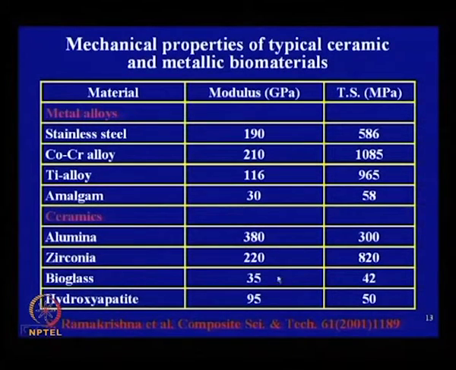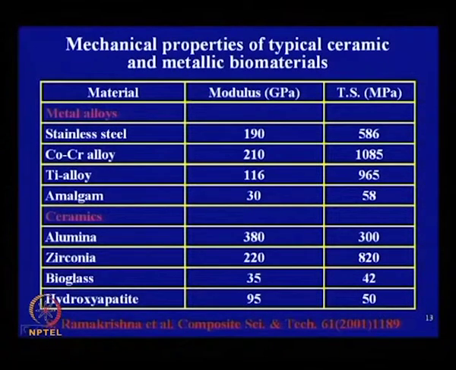Okay. You compare, metals are stronger, tensile strengths are more in case of metals, and hydroxyapatite, you see hydroxyapatite, this is a bone mineral, but alumina, a very hard ceramic, alumina, zirconia, all the hard ceramics, their properties are higher than those of hydroxyapatite.